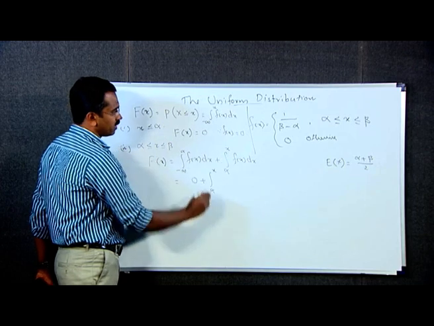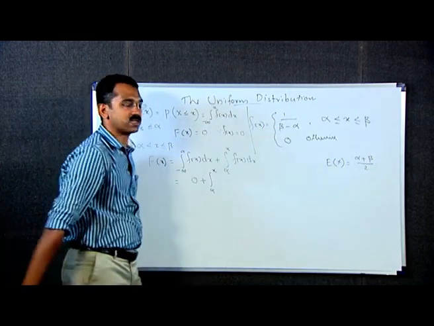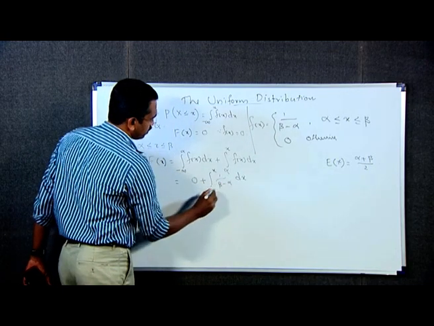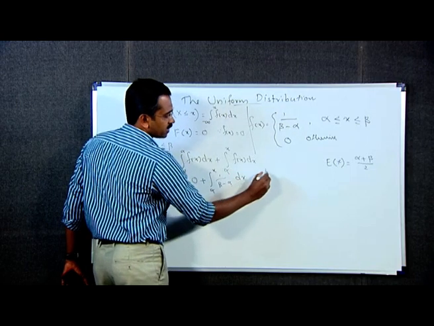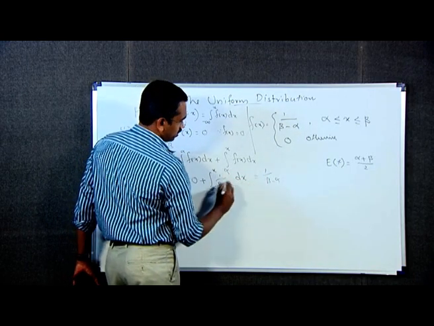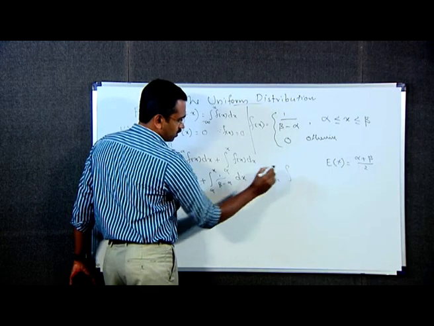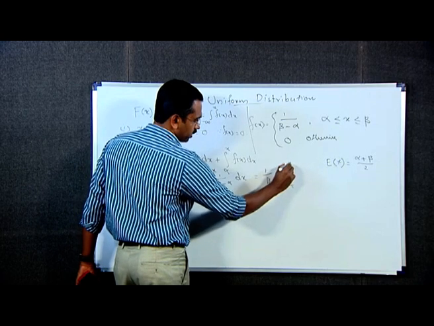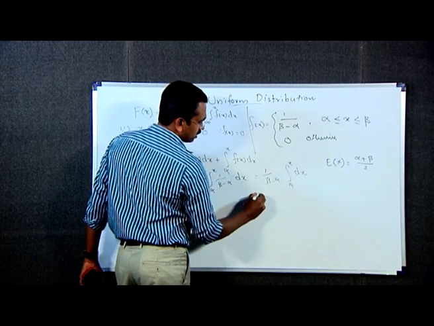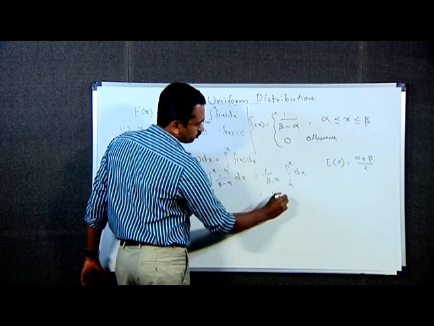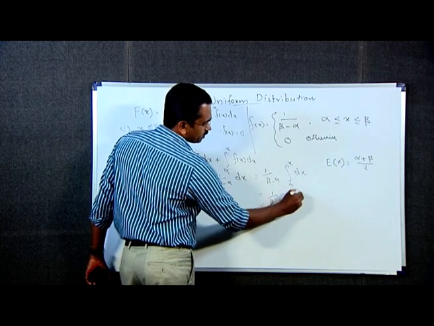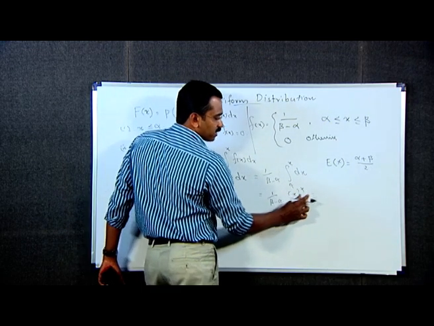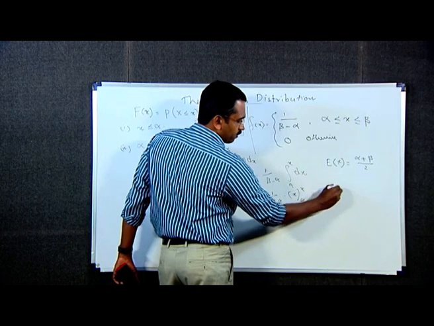Here f of x is defined as 1 by beta minus alpha dx, that is equal to 1 by beta minus alpha, which is a constant, into integral from alpha to x dx, that is 1 by beta minus alpha into integral dx is x between the limits alpha and x, that is equal to x minus alpha divided by beta minus alpha.